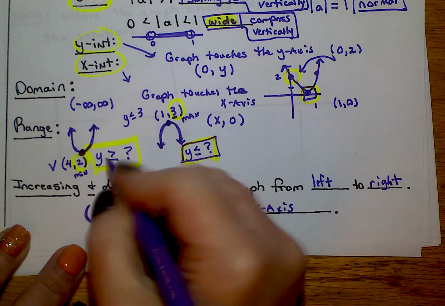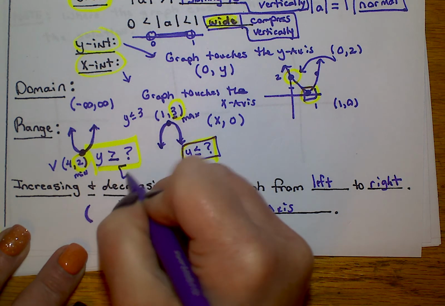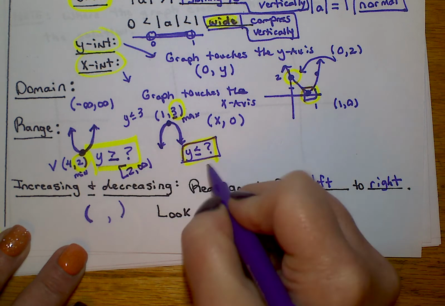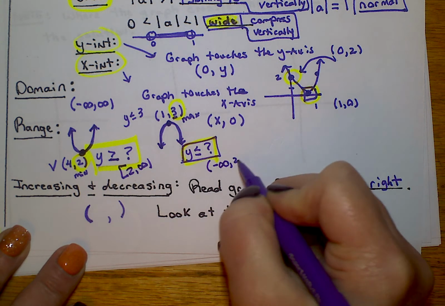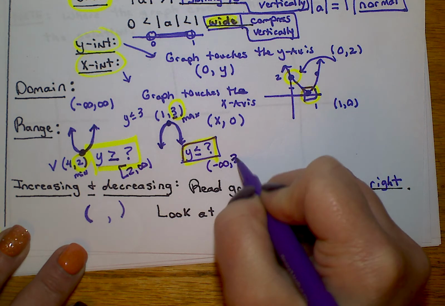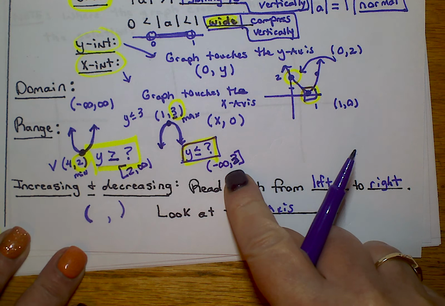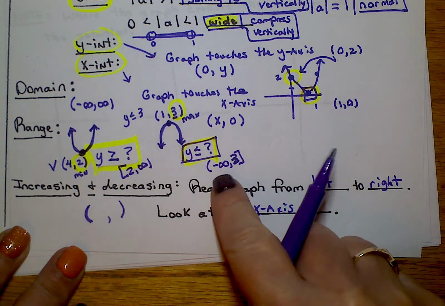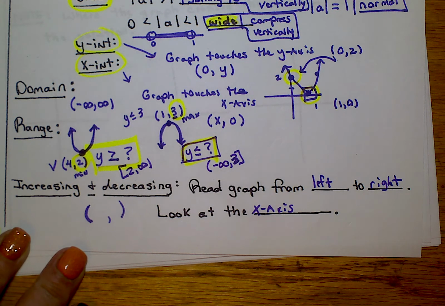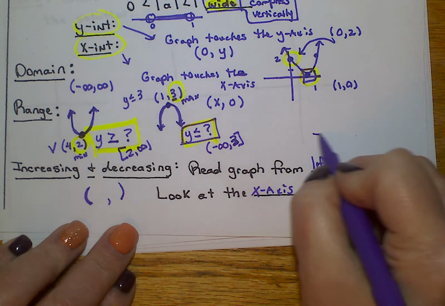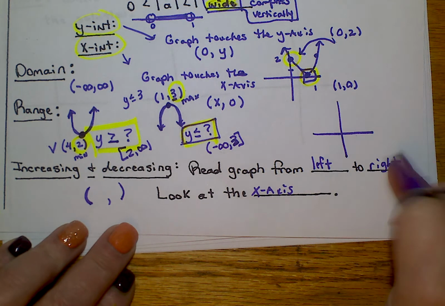When you deal with the range, you would bracket that because that's included. The lowest number always goes to the left. So let me see, that was a 3, wasn't it? So you would bracket that number, but not the infinity. So if it's going down, it's going to negative infinity. But you're always going to look at the x-axis when you're actually looking at increasing and decreasing.